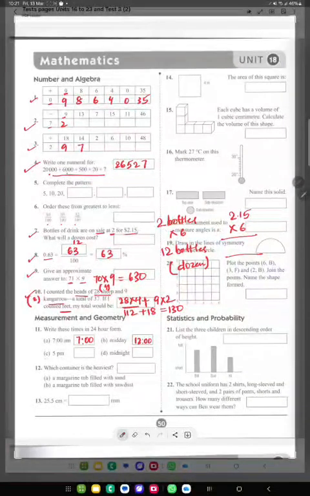Then if it is 5 p.m., that means 12 noon plus 5 hours. Always do 12 plus the number of hours if it is p.m. time. So that's 17 hours 0 minutes, and midnight is the start of the day, so that's 0 hours 0 minutes. Okay, in question 12, which container is the heaviest?